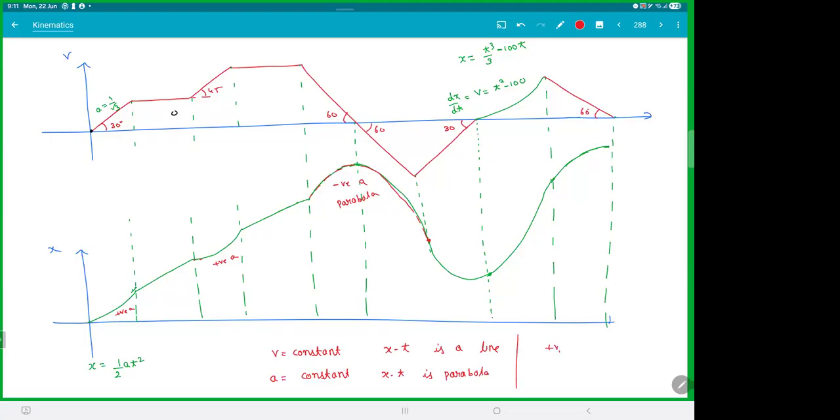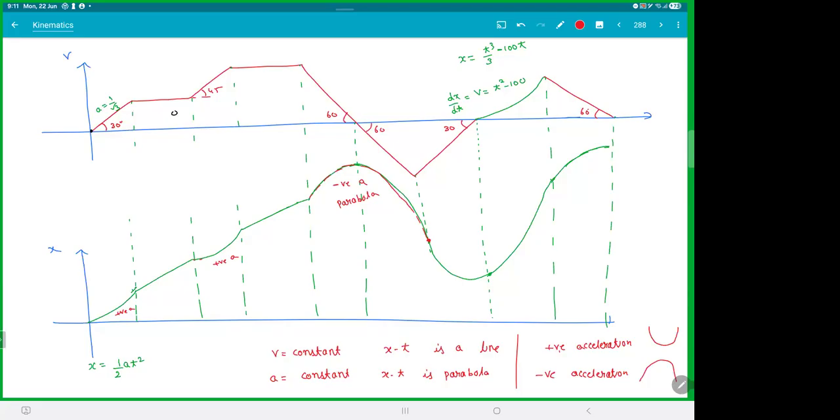If you have positive acceleration, then we are talking about this kind of a parabola. Negative acceleration would be this kind of a parabola. Again, the graph need not always start from here. It can start somewhere in the middle.